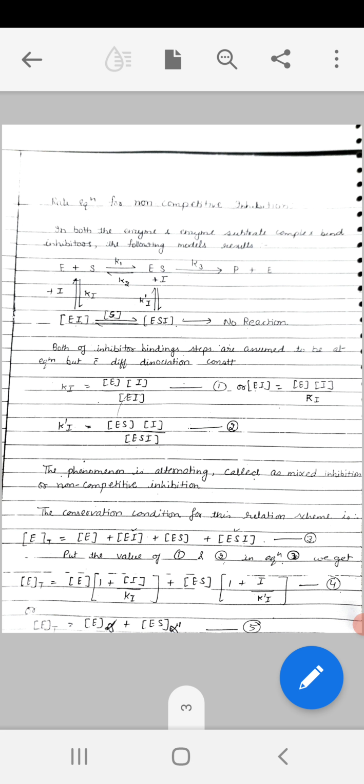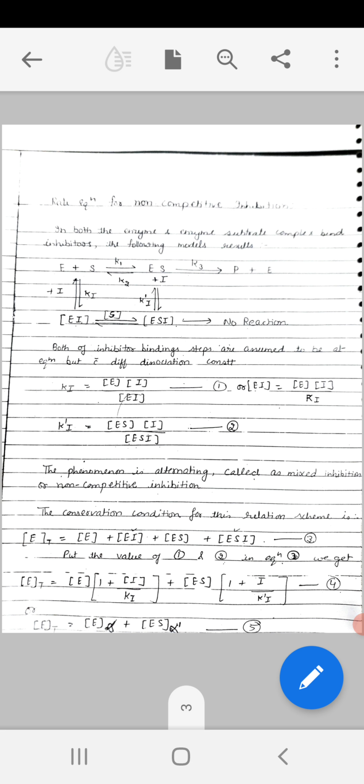Both of the inhibitor binding steps are assumed to be at equilibrium but with different dissociation constants. First, Ki gives E into concentration of I upon concentration of EI.